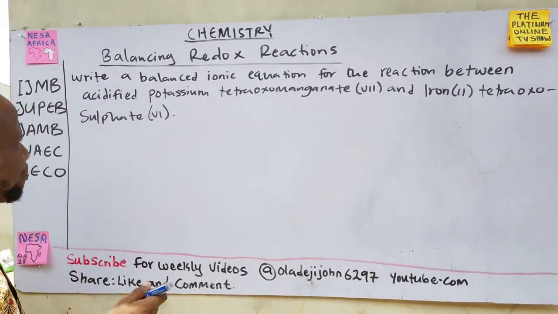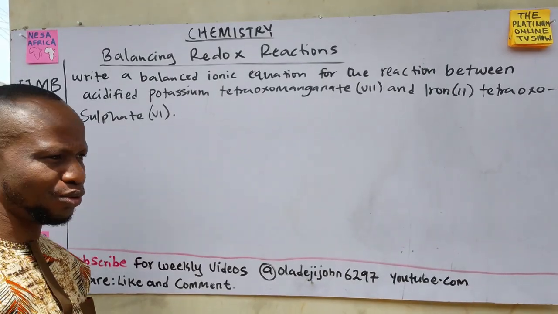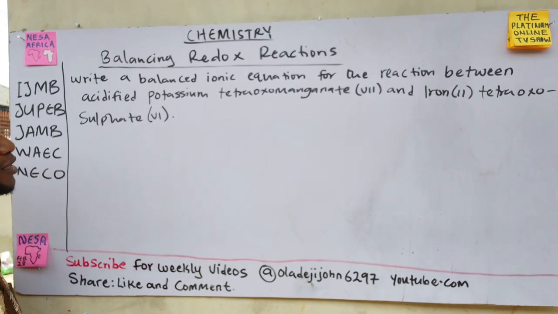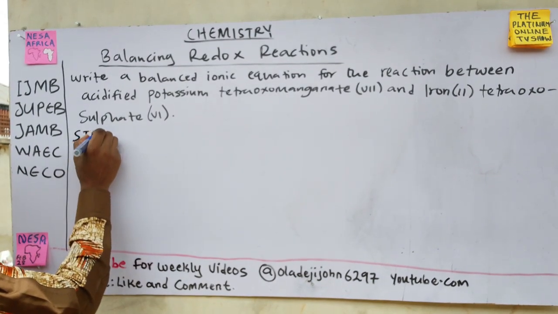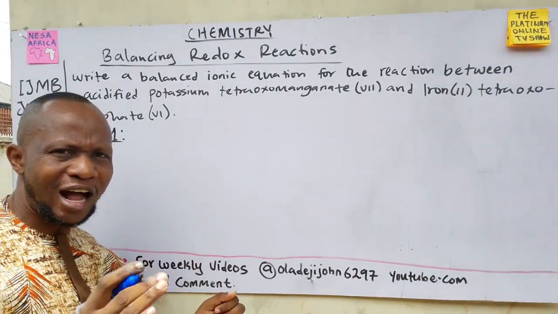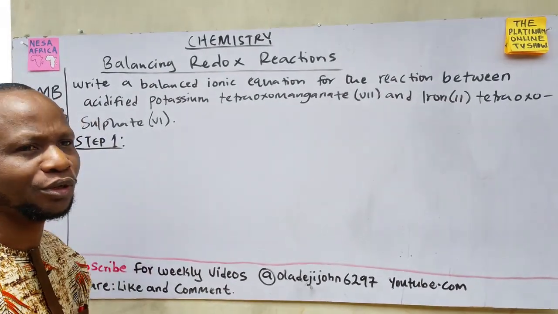Quickly, the first thing you need to do under redox reactions when you are trying to balance is step 1: you write out the first half of the equation.